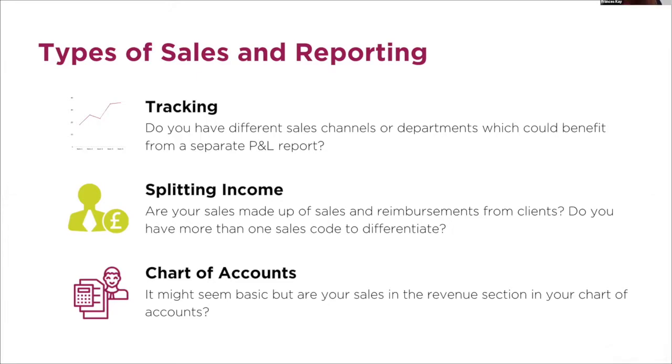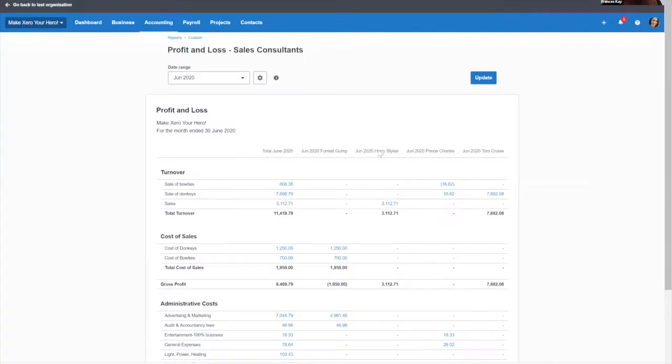So to start with tracking, let me jump back in. I'm going to show you a profit and loss, because I think it's the best way to be able to visualize what I'm talking about. So hopefully you're all familiar with profit and loss, sales, cost of sales, and then your overheads. But what's really interesting is, let's say I've got, as you can see on this screen, 4 salespeople in my company.